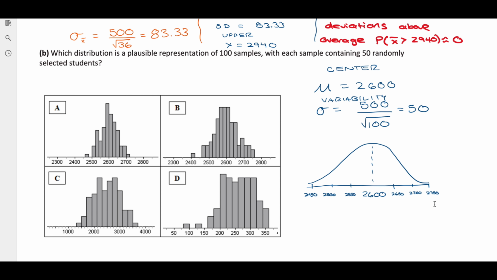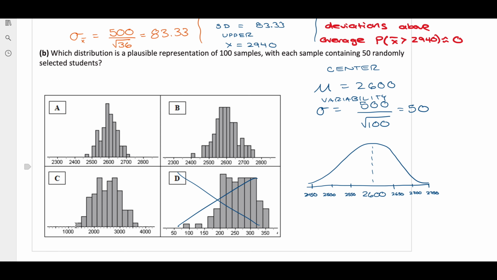And so I'm looking for the graph that looks most like this distribution I drew here. Right away, I can see that graph D does not have the right center, so that cannot be right. This graph here seems to have values between 2,450 and 2,700, just slightly over 2,700, so that's a possibility. This graph here goes down to almost 1,500.